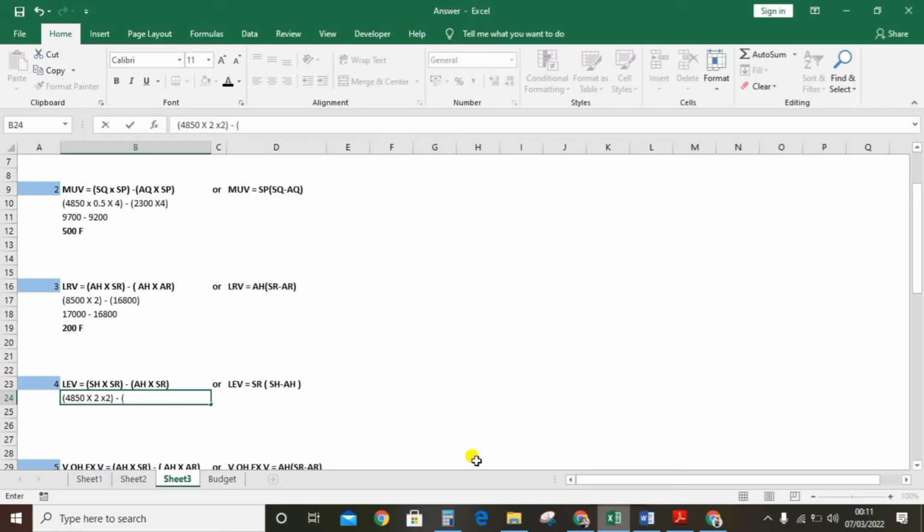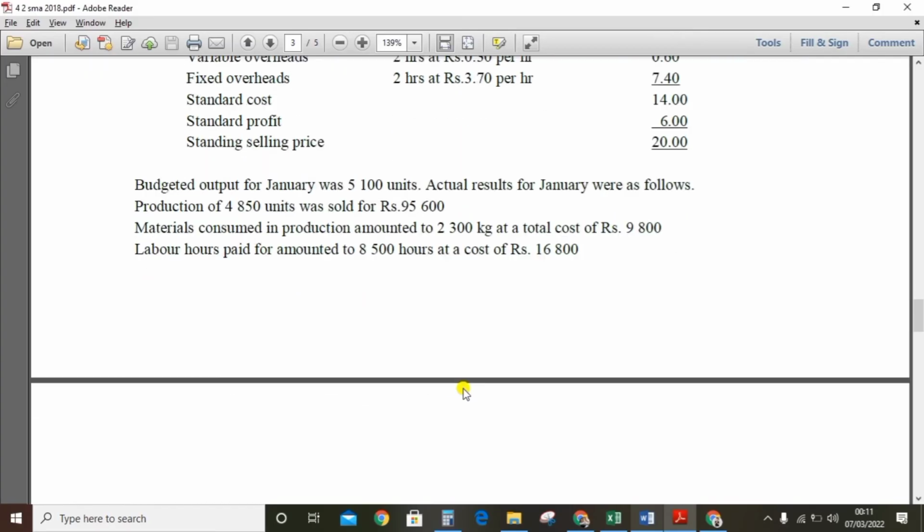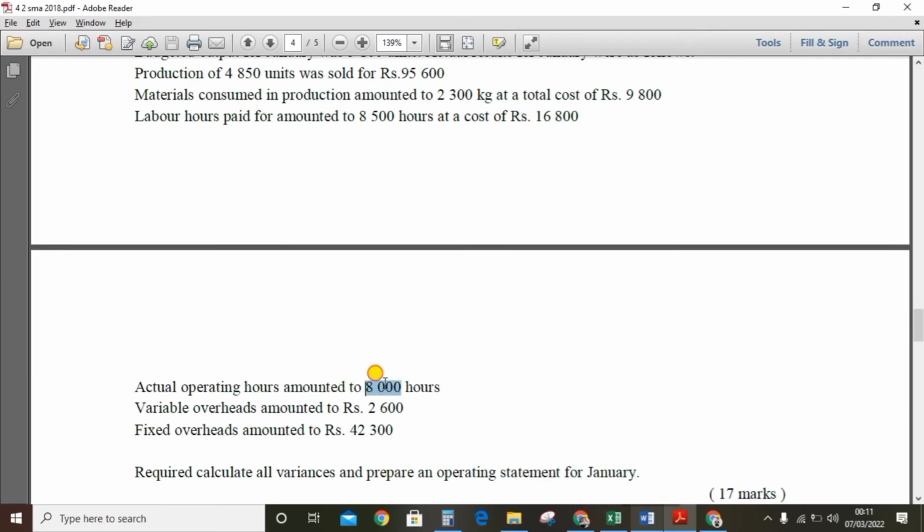Minus AH, actual hours. In here we are calculating the efficiency variance, so we need to use 8000 as the actual hours, because 500 hours are not efficient, so we can't use the 8500. So we should use 8000 as actual hours for efficiency variance, not rate variance.